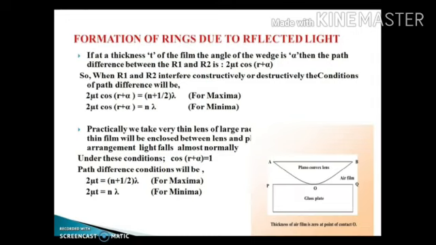You can see in the figure that the air film has variable thickness in all directions, and at the point of contact of the convex lens and the glass plate, the thickness of the film is 0 and it is continuously increasing in all directions.